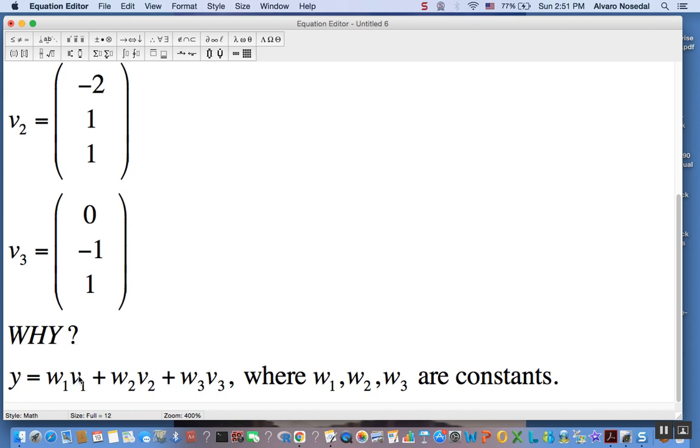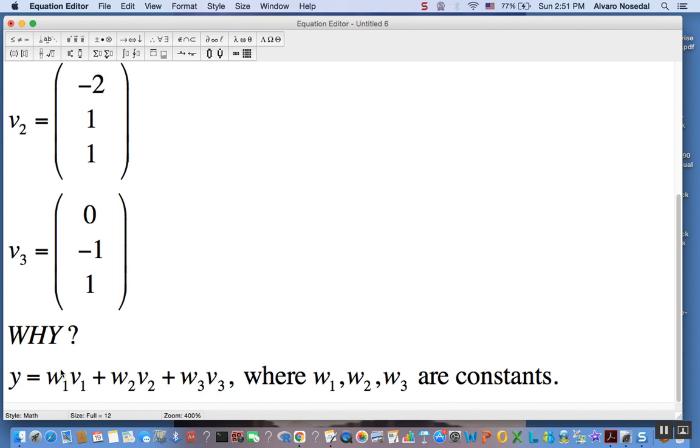In this case, v1, v2, and v3 would be the basis, and these weights, these constants that multiply each member of your basis, are the coordinates of y with respect to that basis.